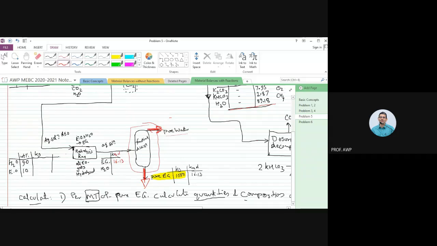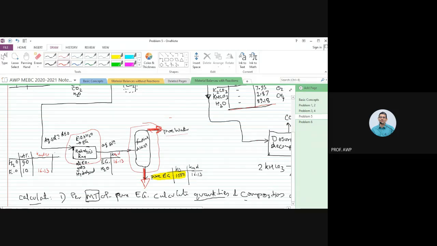Now, if you take this as a control volume, our reaction is hydrolysis: ethylene oxide plus water gives you ethylene glycol. And we are saying all the ethylene oxide gets hydrolyzed. So to get 16.13 kilomoles of ethylene glycol, I should be starting with 16.13 kilomoles of ethylene oxide.